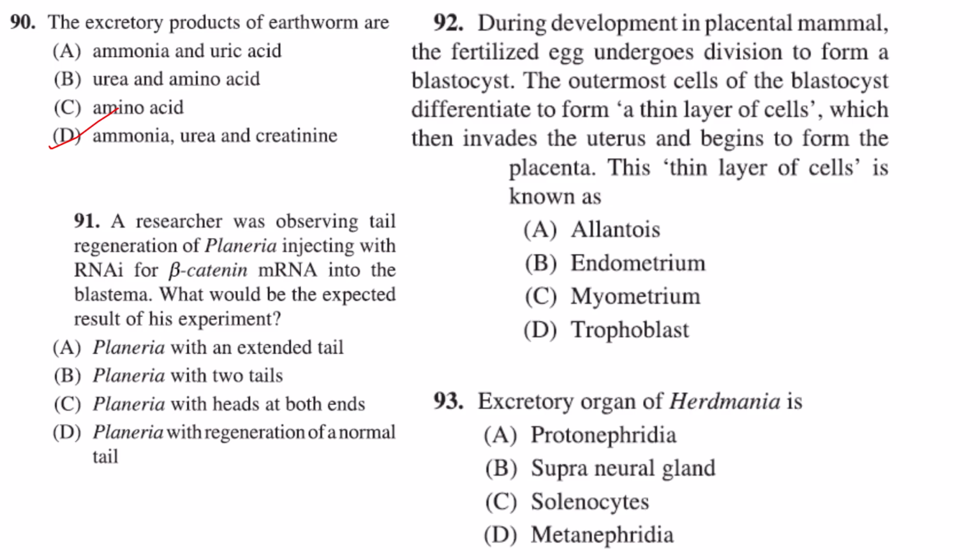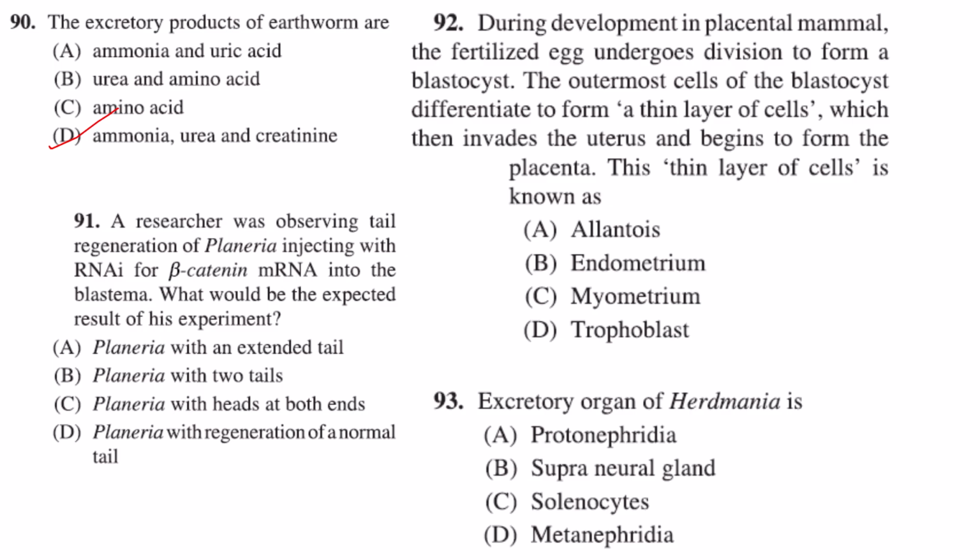So RNAi will disrupt the normal functioning of the beta-catenin mRNA. Okay, what would be the expected result of his experiment?